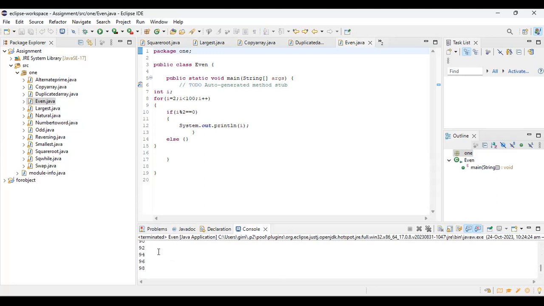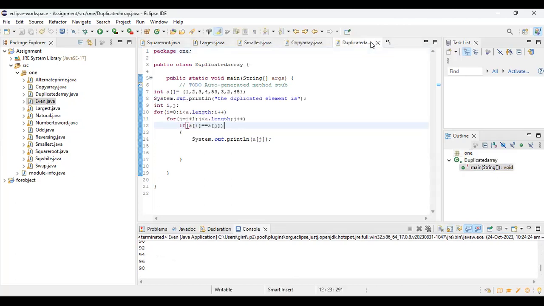Yes, it is. So I have represented all the even numbers from 1 to 100 by using the condition whether it is divided by 2 or not, and the for loop for representing all the values. So this is the even number generation, even numbers from 1 to 100.